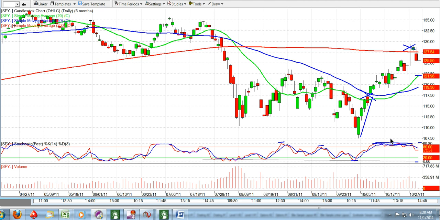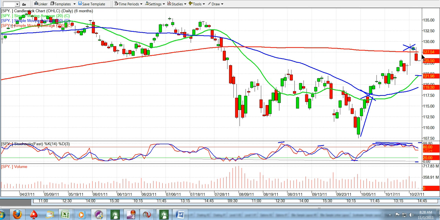moving average. Now when you see your stochastics stay above 80 for a period of time, that's what they call embedded stochastics, and that's a very bullish sign. That means the stock market is continuing to go up.